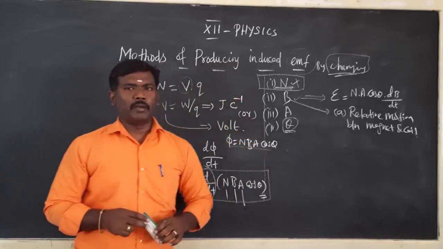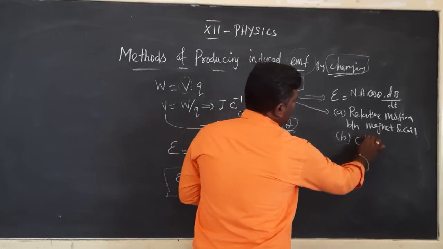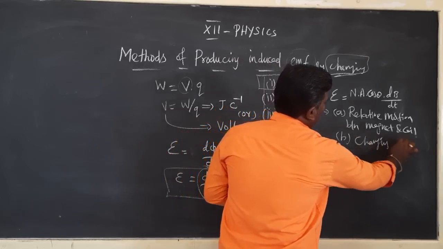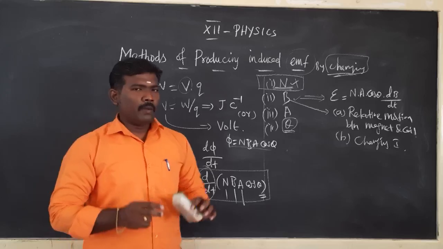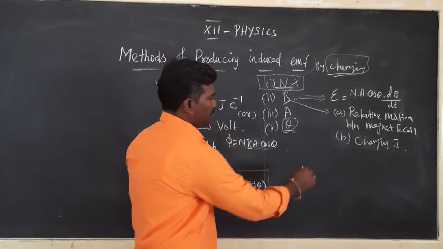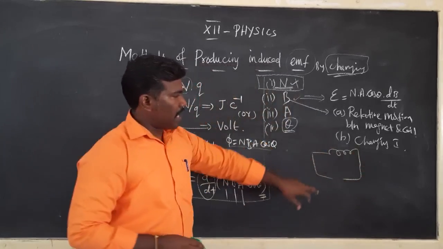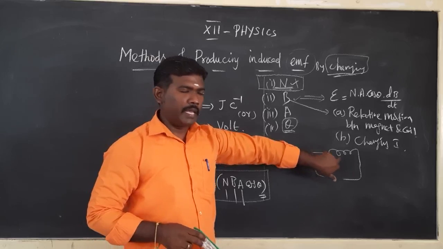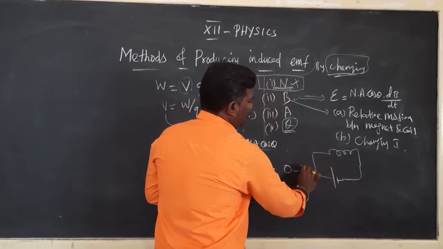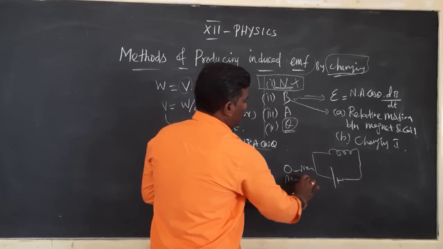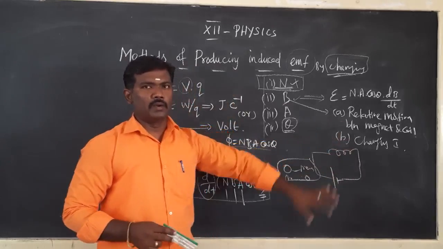Another alternative method is like this. If you change the current passing through the circuit, if you apply a variation in the current, you induce the EMF in the given circuit. You apply a current that varies from 0 to maximum or maximum to 0. Under these two conditions, the EMF is definitely induced in the closed circuit.